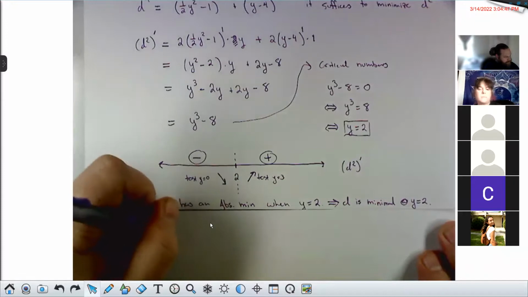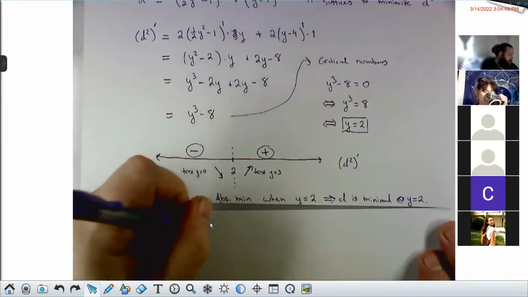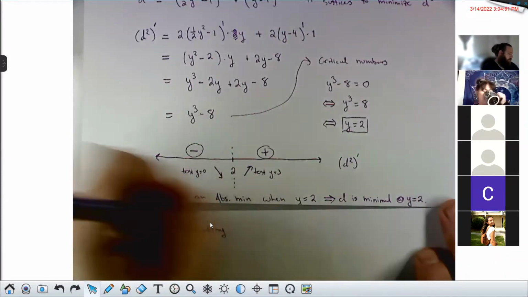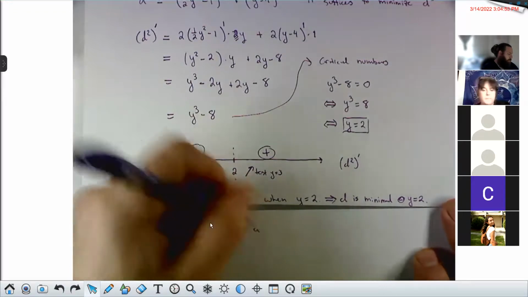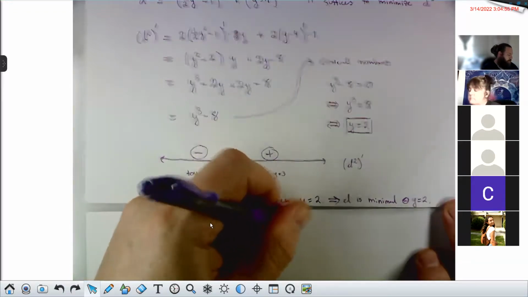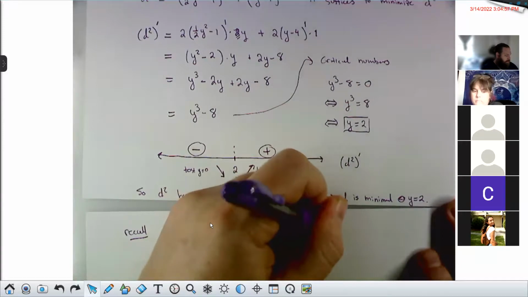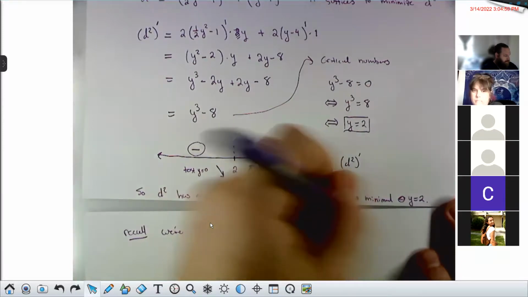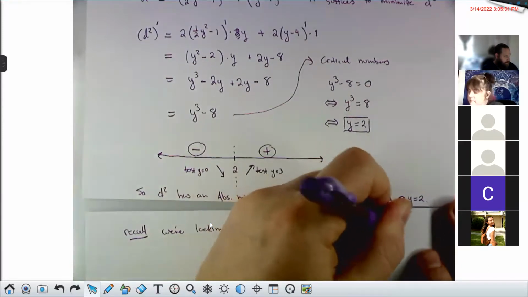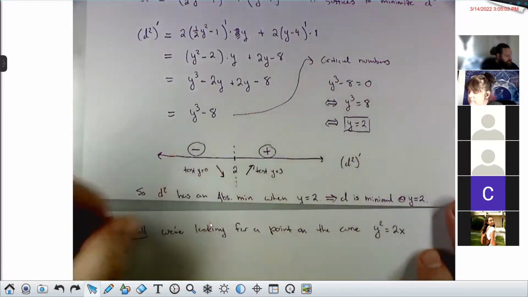We're looking for a point on the curve y squared equals 2x.